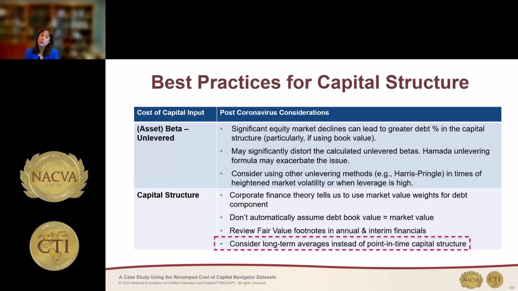Another way is to try to do maybe a longer-term average capital structure in these periods when things are a little bit in trouble. So for example, use a 5-year capital structure average, consistent with maybe a beta that is over 5 years. Some people I've seen using a 10-year capital structure, maybe that's harder to justify.